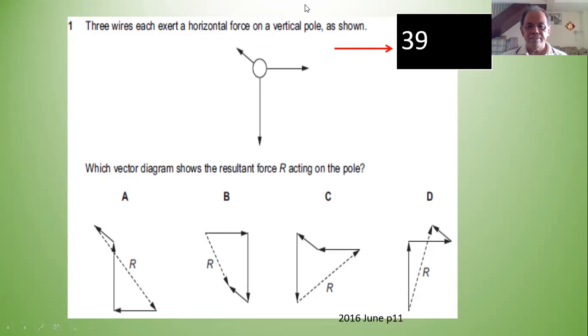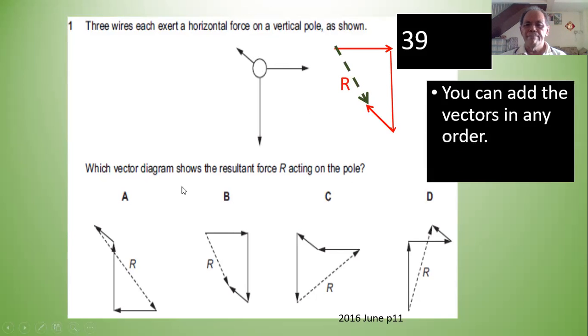Start with this one, add this one, then add this one. Draw roughly the same length and roughly the same direction, and there's your resultant. Then you go and choose. It cannot be these two. Most likely this one, as this one is too long. Vector answer B.